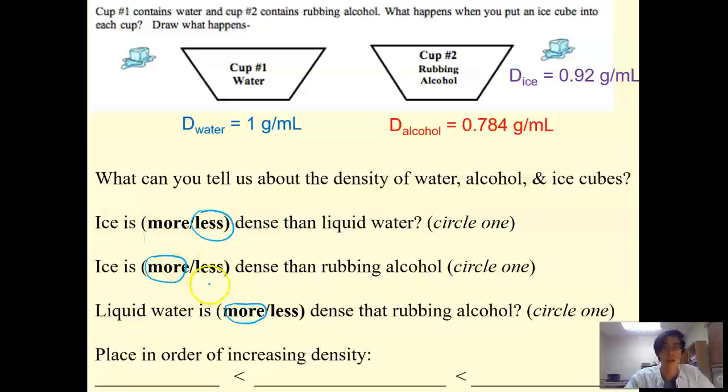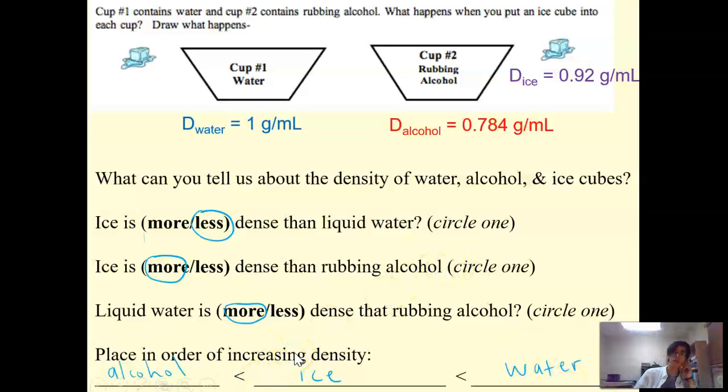So if I put it in increasing order of density based on the values I see right here, the least dense is going to be the alcohol, then after that the ice, and then after that water. Pretty interesting that water as a solid, which is ice, is less dense than water as a liquid.